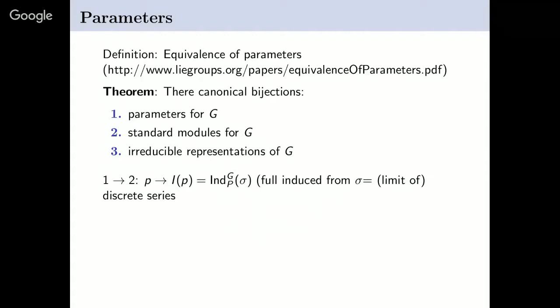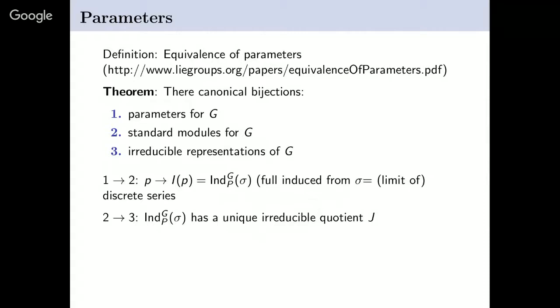This is a so-called standard module. It's a full induced. The bijection from 2 to 3 works as follows: the way this is set up, the conditions on p are that this induced representation always has a unique irreducible quotient, always.